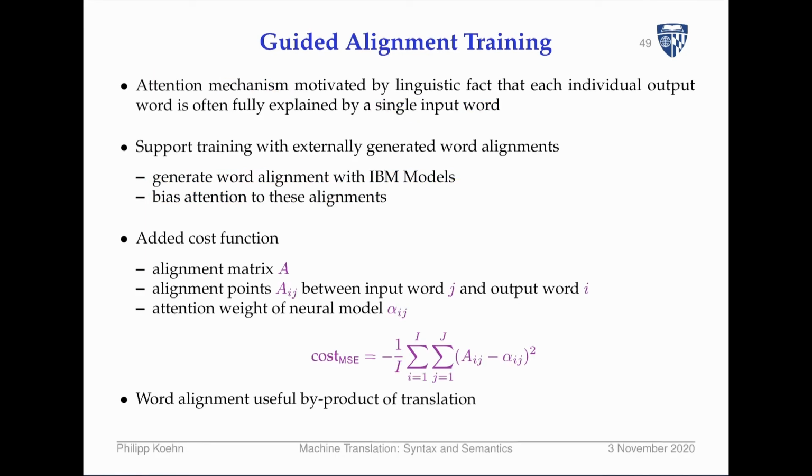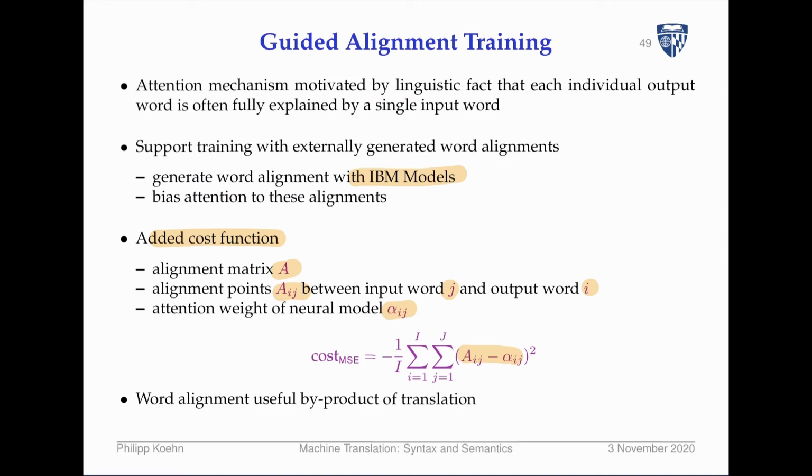The way we can do this is by introducing an additional cost function. Let's say we are given an alignment matrix A from these IBM models. Just to get the formalism right, that gives us a bunch of alignment points between word j and word i. And while we are training, our model comes up with an attention weight, also between i and j, and we make sure that these match up, so that either both of them are 0 or both of them are 1 or close to 1.